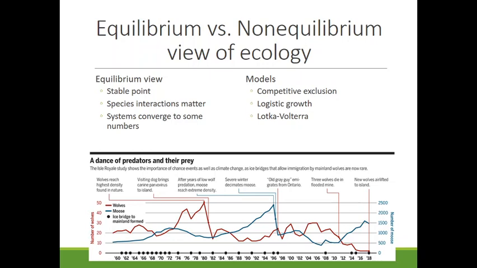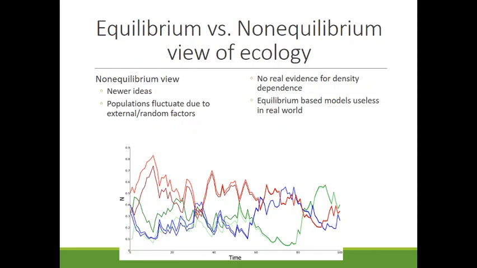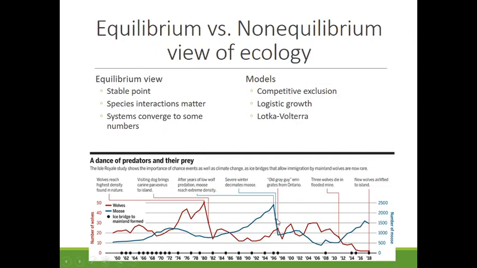The thing is, a lot of newer ideas have come in with that. The idea is that ecology is not driven only by processes that work at equilibrium conditions, but there's a lot of non-equilibrium stuff, basically random fluctuations due to, say, weather. Let's go back to these wolves and moose. We see here that a severe winter kills off a whole bunch of moose.